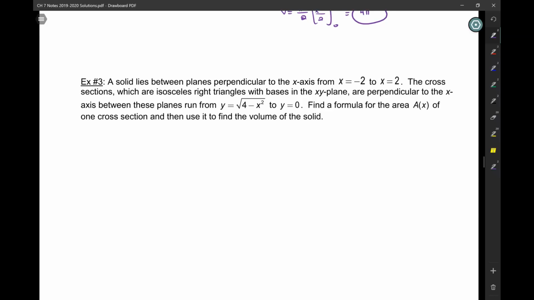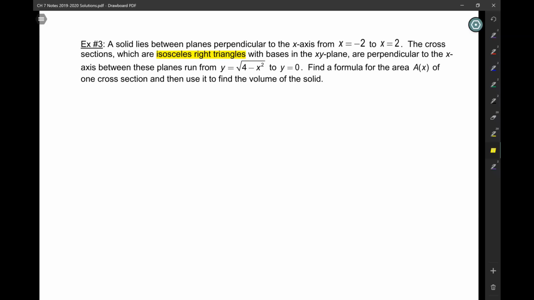A solid lies between planes perpendicular to the x-axis from x equals negative 2 to 2. The cross sections, which are isosceles right triangles with bases in the xy plane, are perpendicular to the x-axis, and they run from y equals the square root of 4 minus x squared to y equals 0.